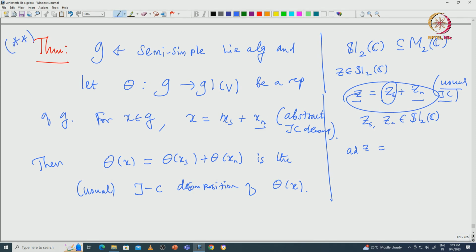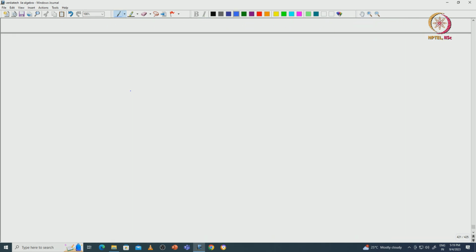Okay. So, if we start with some element x, we write it as x equal to xs plus xn. First of all, we can go modulo the kernel and then we can assume this theta is actually injective. So, let us not worry about it, let us just work with theta, which is a map from G to GL of V. So, we have this kernel of theta. Then G modulo kernel theta is isomorphic to image theta.